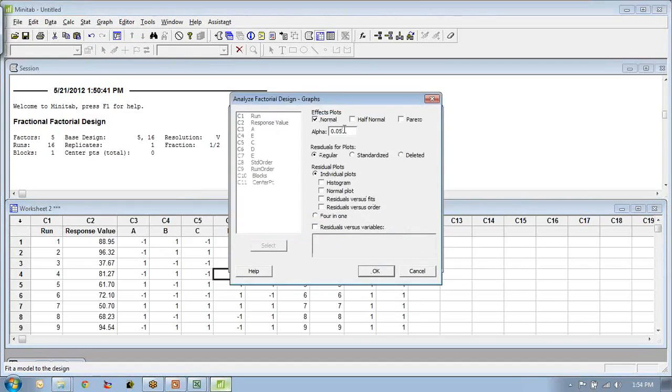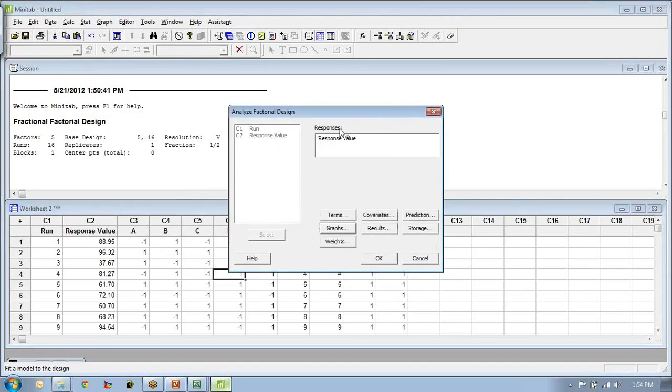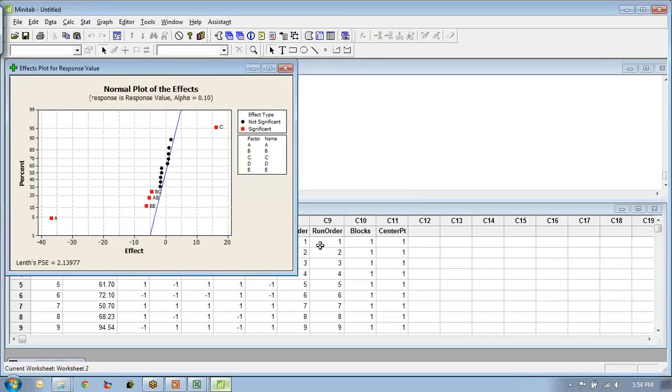I'm going to do the normal plot this time. Aha! I've got A, BE, AB, BC, and C. A lot of interactions there. So I've got to write those down. BE, AB, BC.